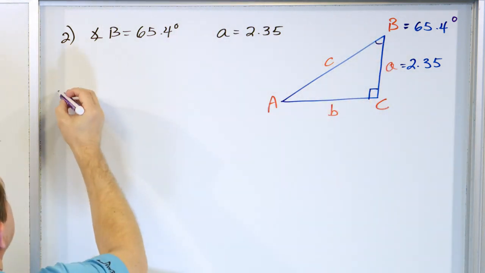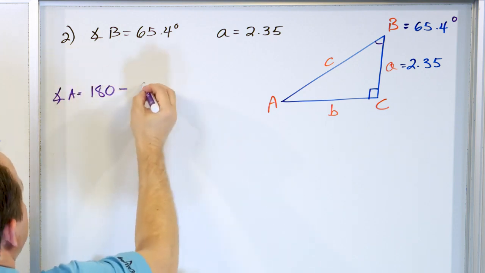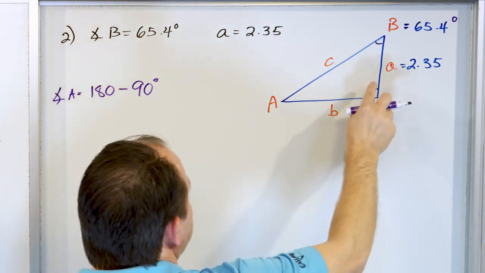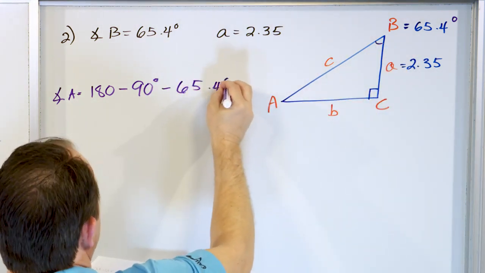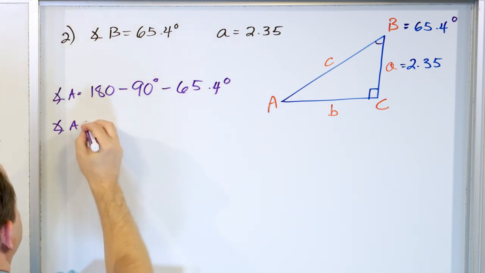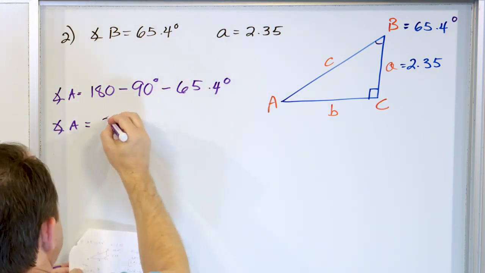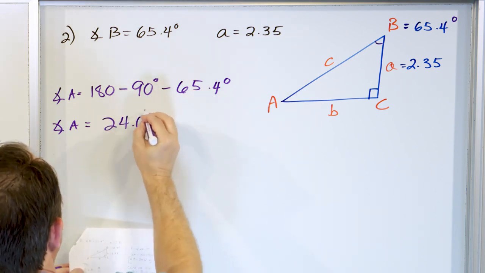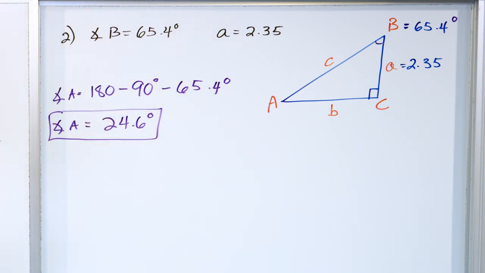So angle A has got to be equal to 180 degrees minus the 90 degrees from here, and then minus 65.4 degrees. When you take 180 minus 90 minus 65.4, you get 24.6 degrees. And you don't have to do any sines or cosines for that. It's done.